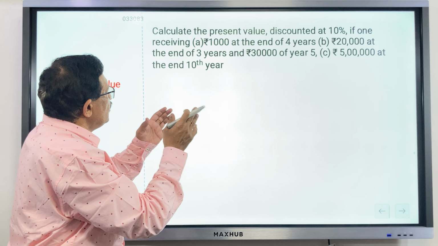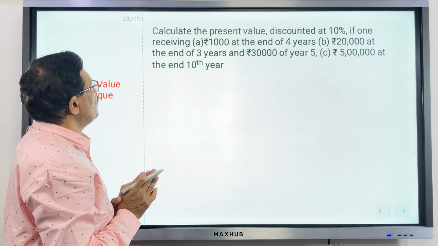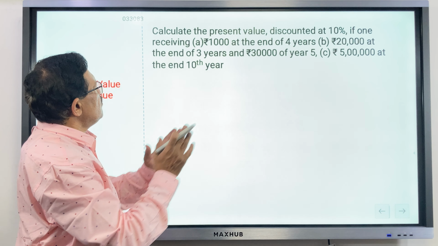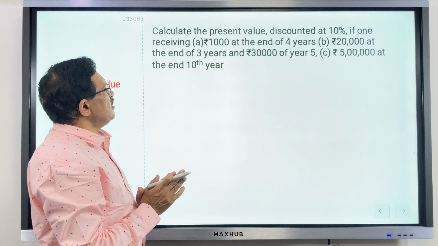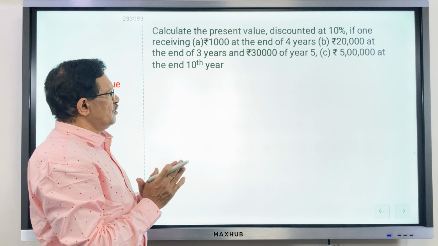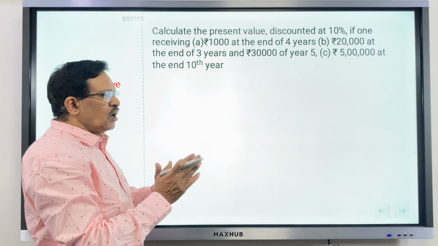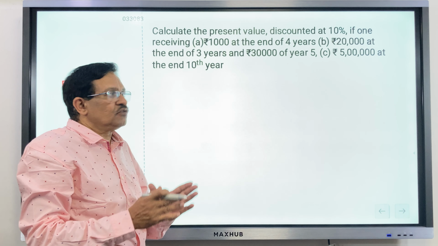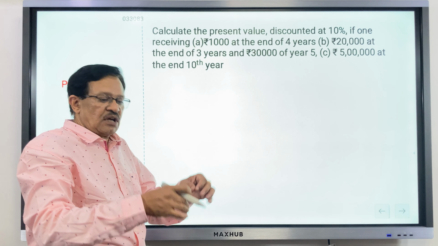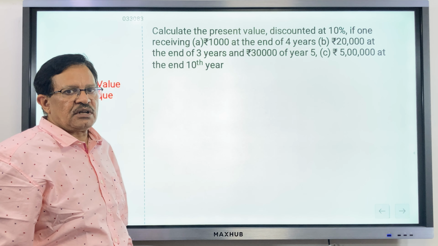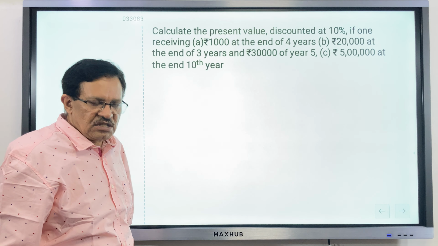Let us start with the first bit, where somebody is receiving 1000 at the end of fourth year. He wants to understand what is the present value of that 1000 as on today. How to calculate this particular present value?